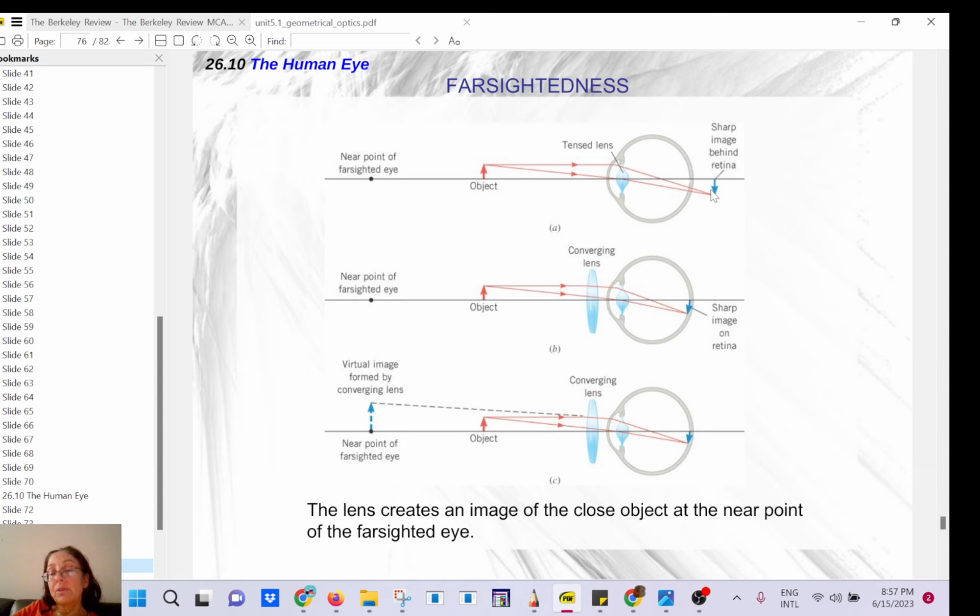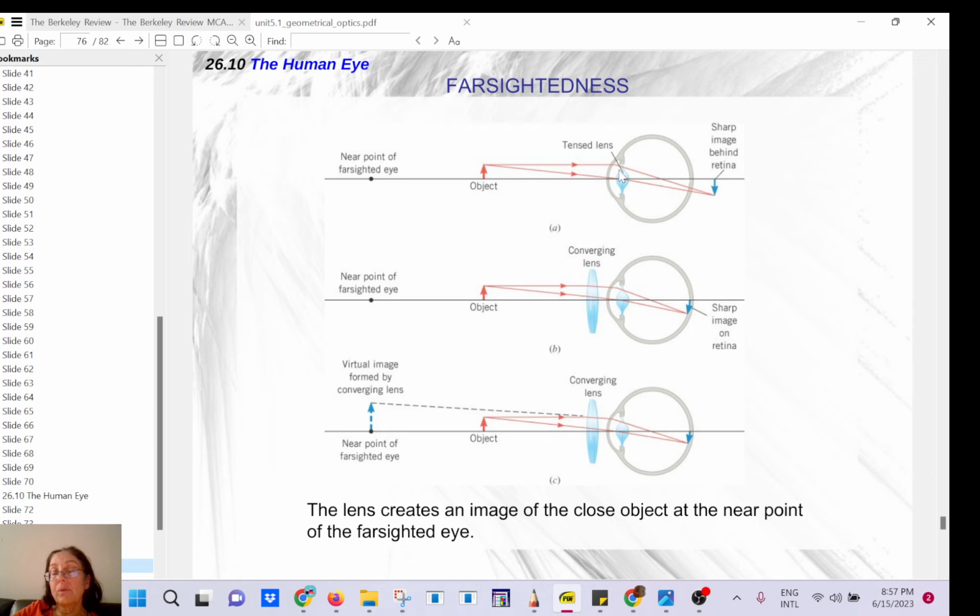Okay, so that happens for two reasons. Either a person is getting old, so the muscles here get stiff, so the lens cannot be contracted and bring that image here on the retina.